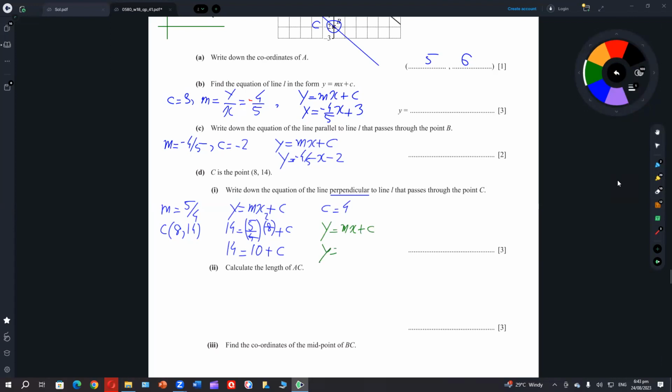Now look at this working. I first found c. And after putting it here, you can get the equation of the line.